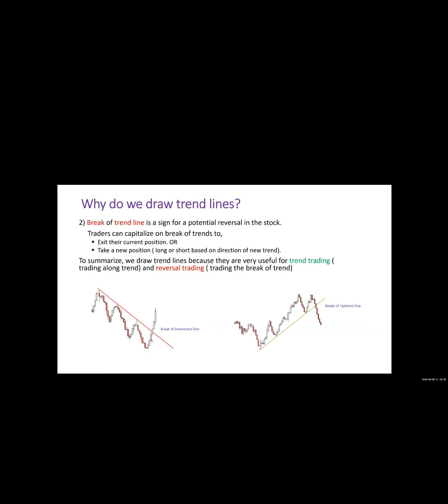Now, once price started to reverse, you could have taken profit here, but if you didn't, you could have exited your trade here once the trend line was broken and just switched to calls after that, or bought stocks after that. So you can clearly see that once the trend line is broken, it gives you, as a trader, a chance to enter the reversal side of the trade. So if you were in puts, you could enter calls. And if you were in calls, you could enter puts if the uptrend breaks.